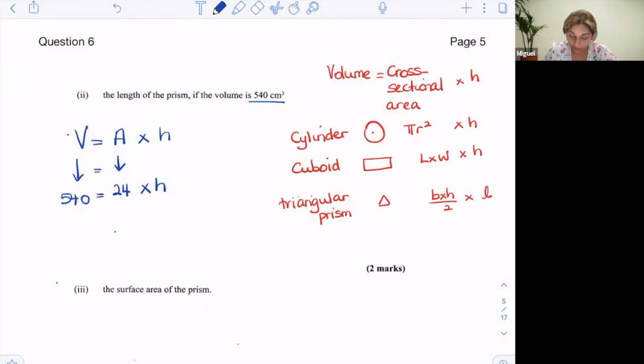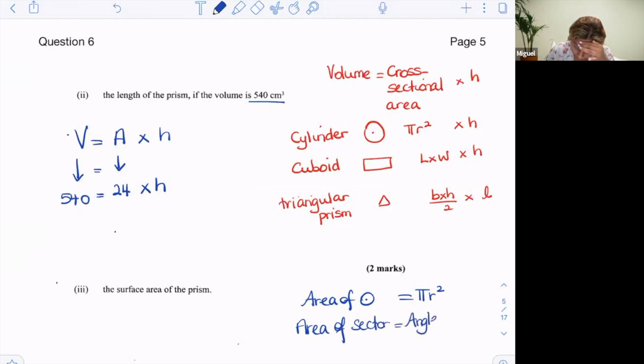You may want to write as well, area of a circle, pi r squared, area of a sector, angle over 360 by pi r squared.